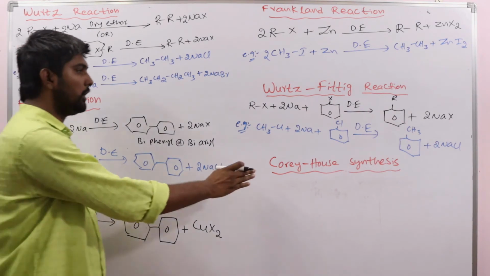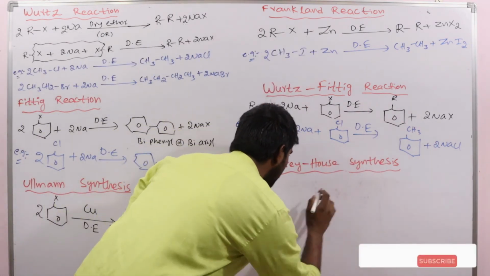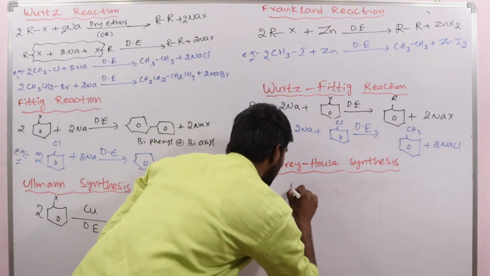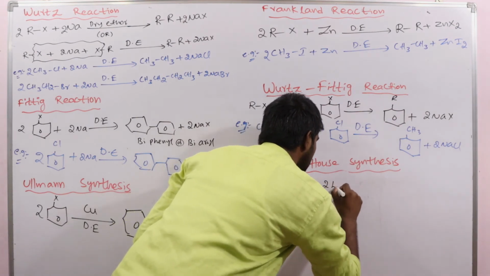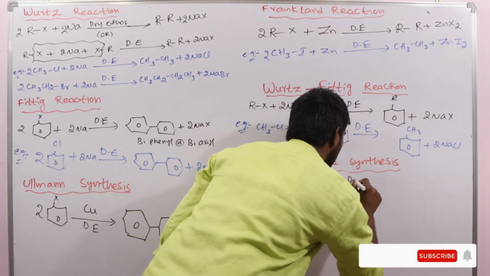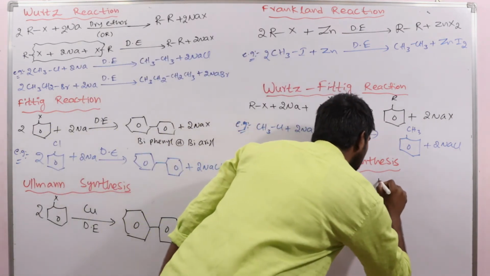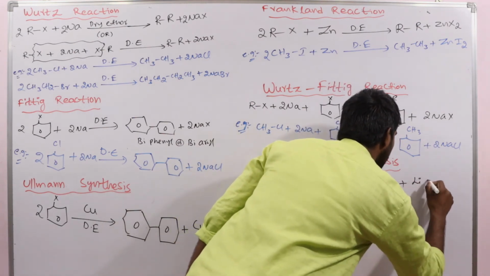Okay, now the last one is the Corey-House synthesis. Very important reaction. So here we have 3 major steps involved in this one. First, an alkyl halide reacts with lithium metal in dry ether. So here we get first of all alkyl lithium plus lithium halide.